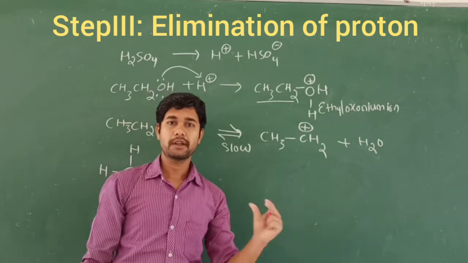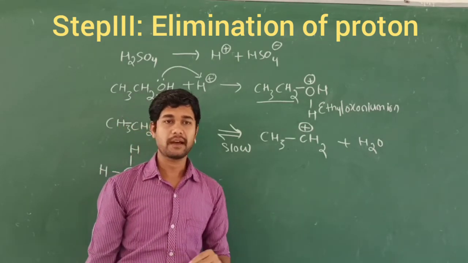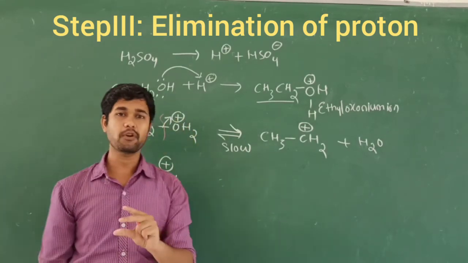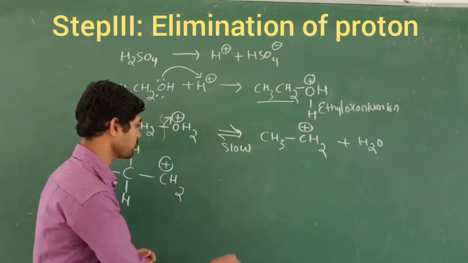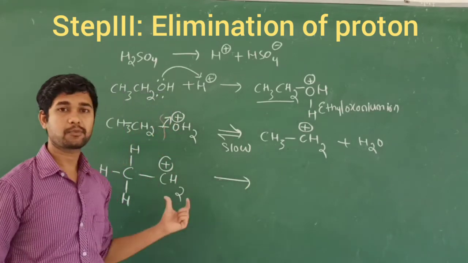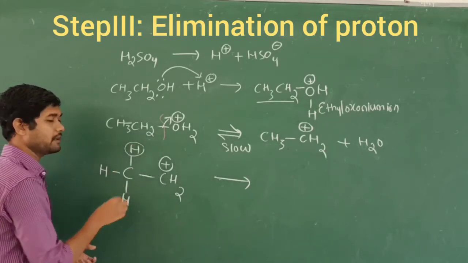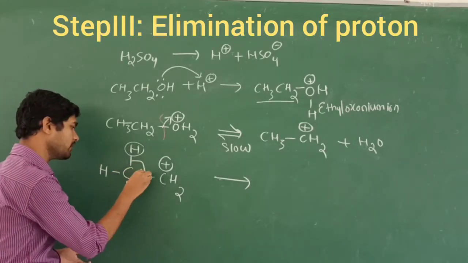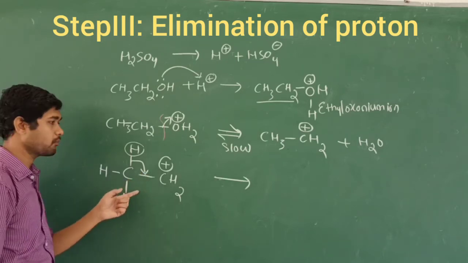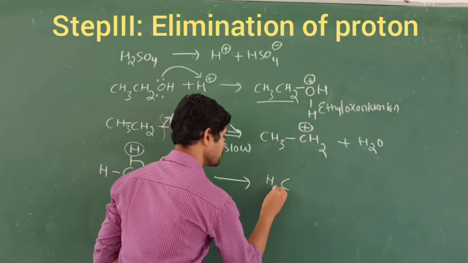Conversion of a double bond into a single bond is called an addition reaction, and here conversion of a single bond into a double bond is called an elimination reaction. So the elimination of the proton takes place in step 3. Like this the proton will be eliminated. This bond migrates here and becomes the double bond, that is the ethene compound.